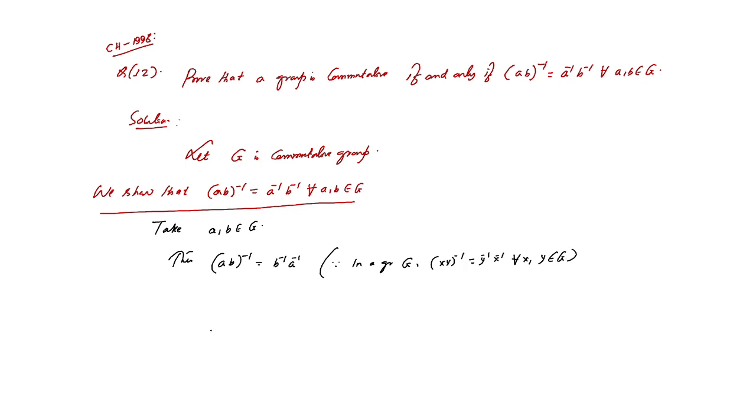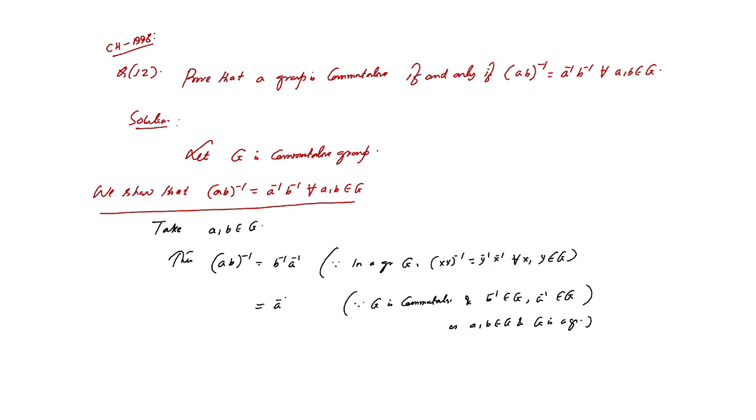And from that, since G is commutative, and B inverse and A inverse are elements of G because G is a group, both inverses exist.